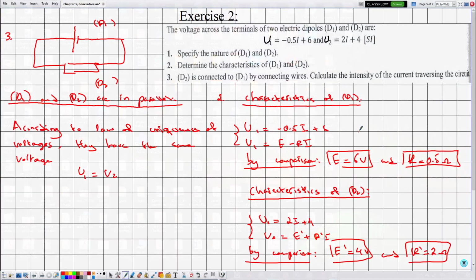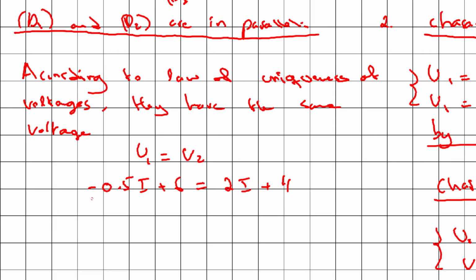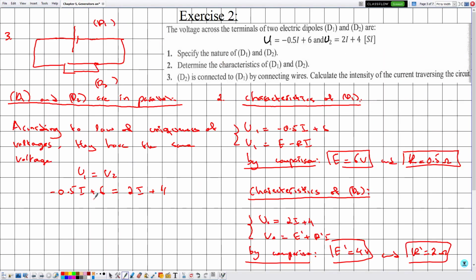Okay, so in this case U1 is given by minus 0.5 I plus 6, and the voltage U2 is given by 2I plus 4. So first we applied the law of uniqueness of voltages, then in this case we applied Ohm's law. Now we are solving for the value of I.